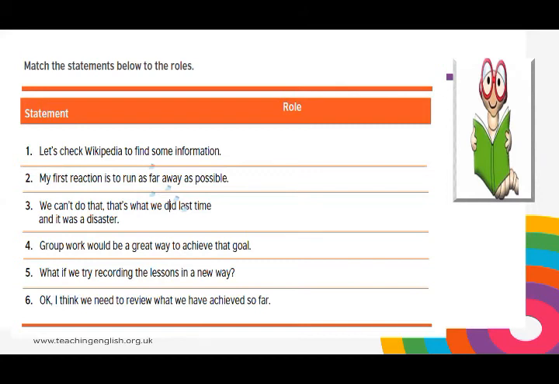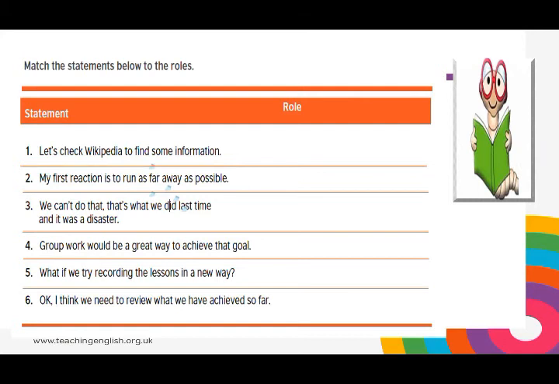What about emotional? Yeah, emotional. Okay, so the one after it is negative. The third one: we can't do that, the first reaction.